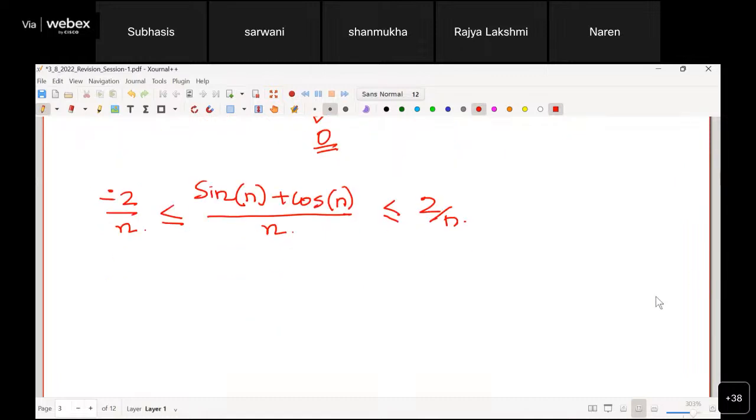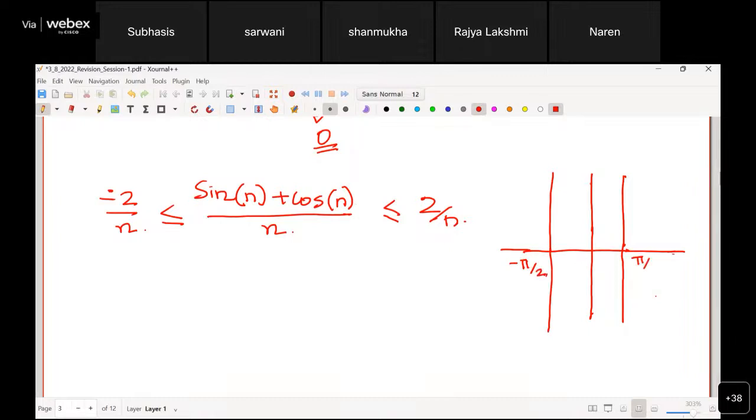If you see the graph of tan x, it is not defined on the whole of R, but that won't create much problem because tan x is defined on all the integers. So let's say this is minus pi by 2, pi by 2.